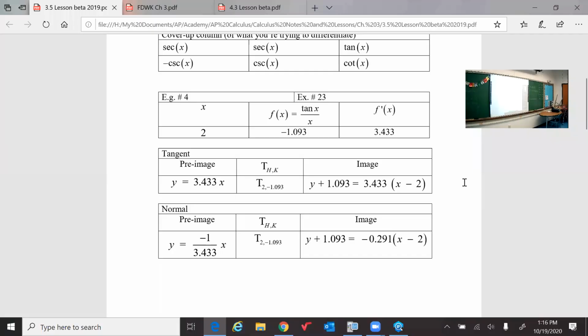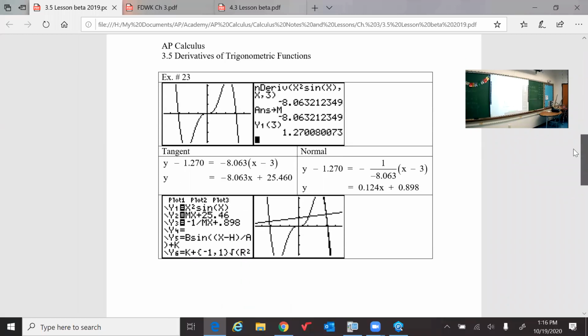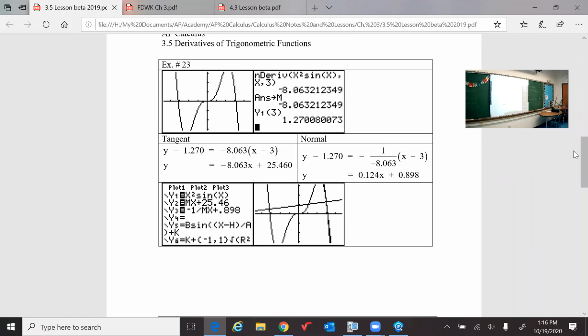All right, so we're going to go over problem 23. There's a picture up here. Now, I used the calculator. And the value of the derivative at 3 is this number. It's -8.063, rounded to 3 places. Okay?